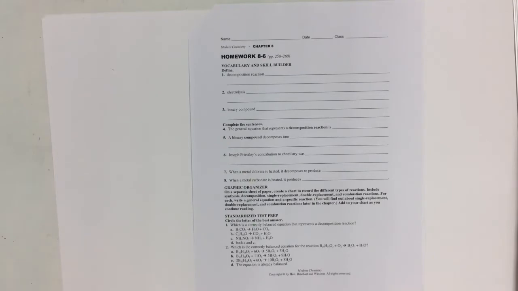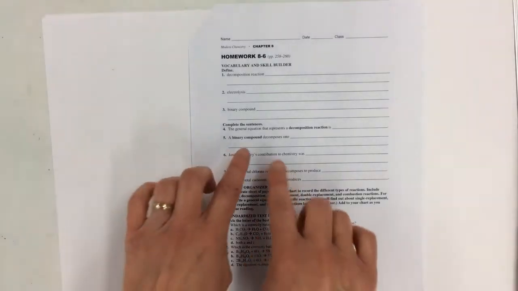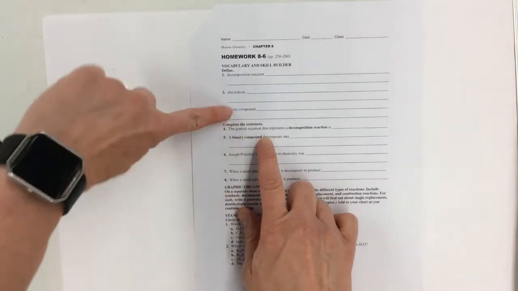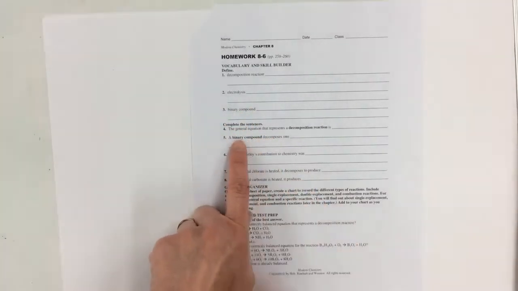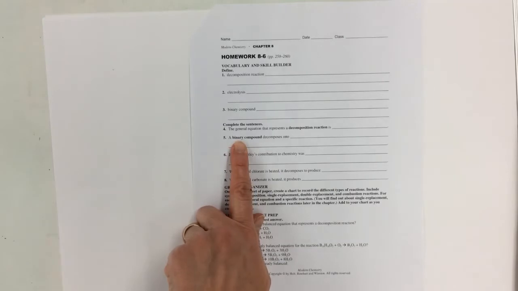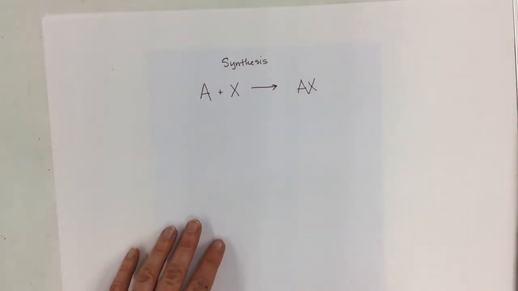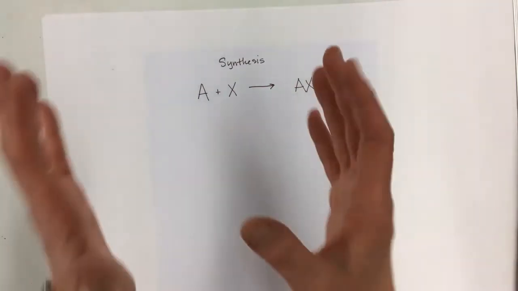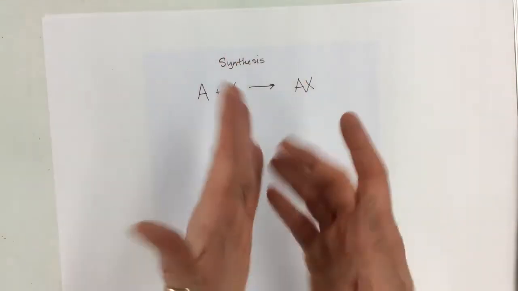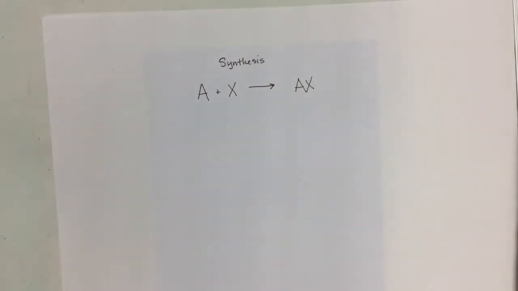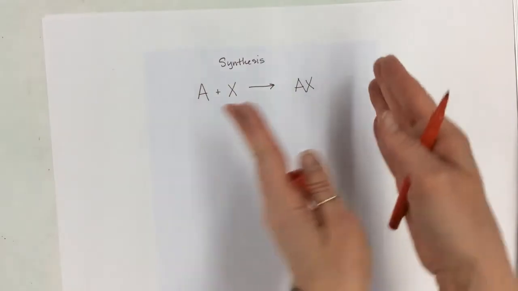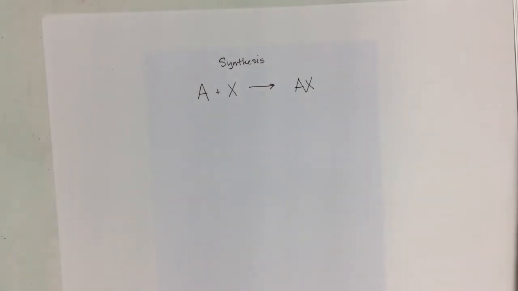And a binary compound, you will find, you're asked not just what a binary compound is up here, but a binary compound in its decomposition. If you remember last time, I showed you that a synthesis reaction is two or more things combining or synthesizing, because synthesis means combine, assemble, put together. A synthesis reaction is taking many things and turning them into just one thing.